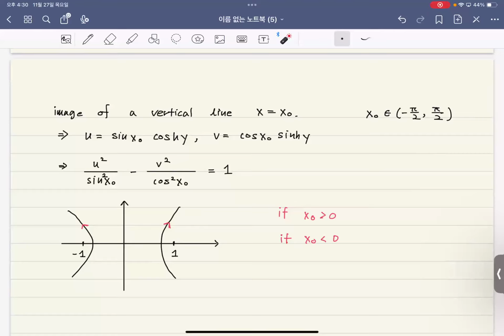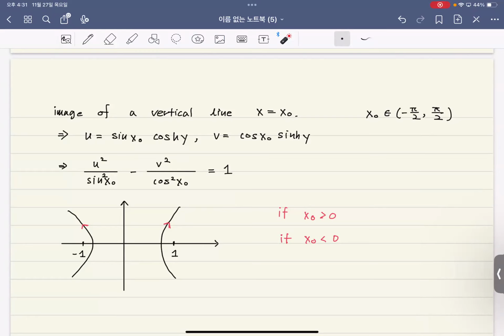Okay, and I also want to talk about two extremes. If x0 equals 0, then the image curve is going to be nothing but the y-axis of the w plane. What if x0 equals precisely pi over 2? Then the v coordinate equals 0, and sine of x0 is 1, right?